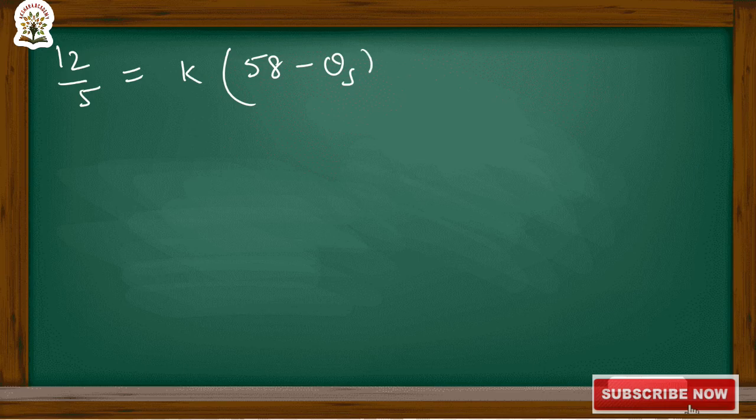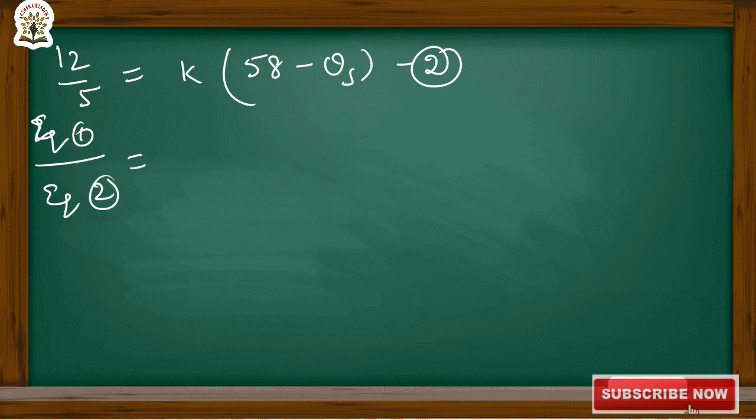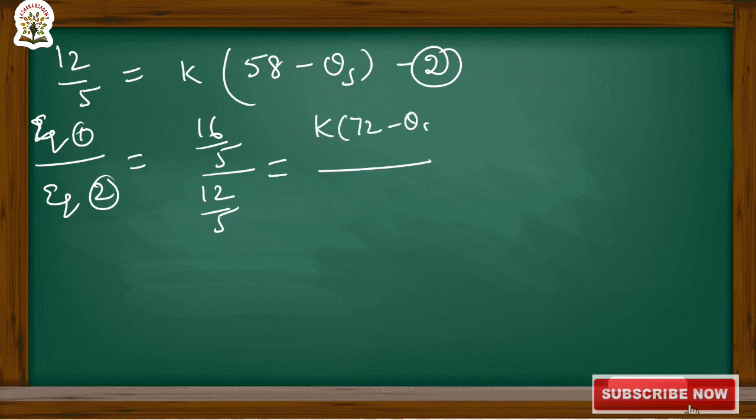Next, 12 by 5 is equal to k of 116 by 2, 58, minus theta s. This is equation number 2. From equations 1 and 2, equation 1 by equation 2: 16 by 5 by 12 by 5 is equal to k of (72 minus theta s) by k of (58 minus theta s).